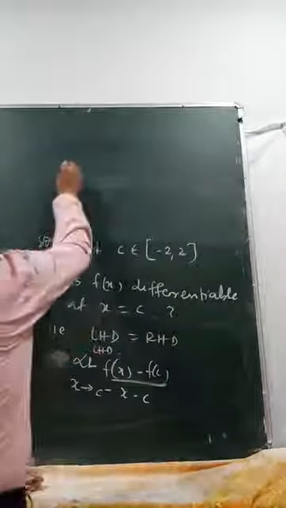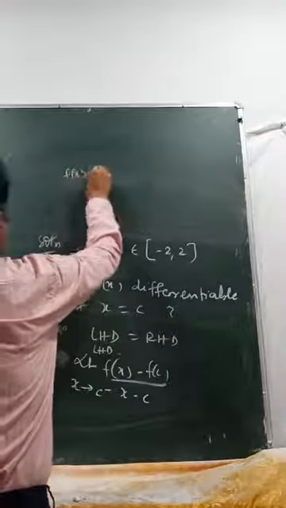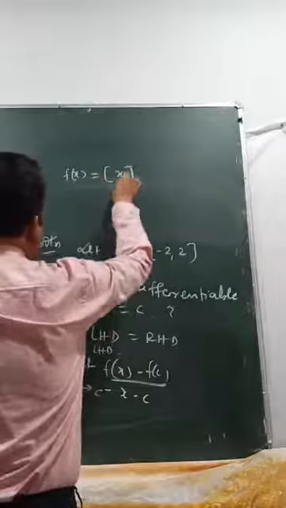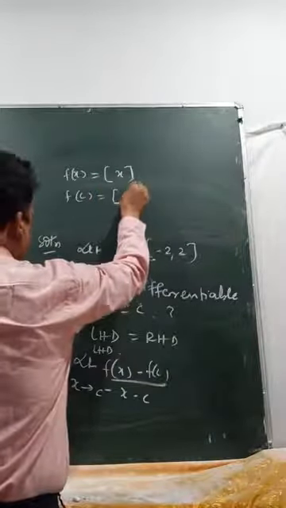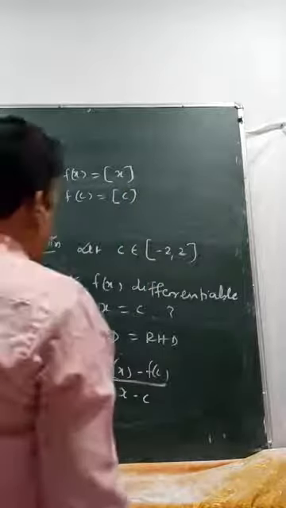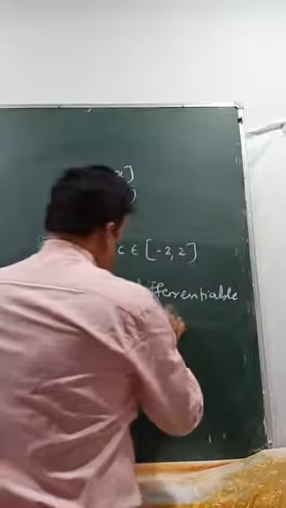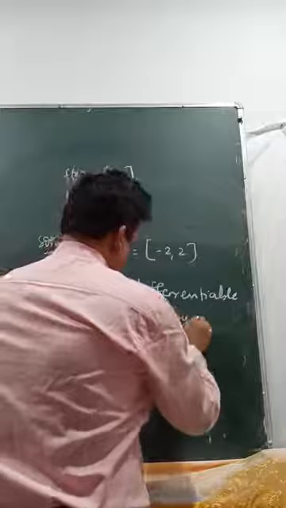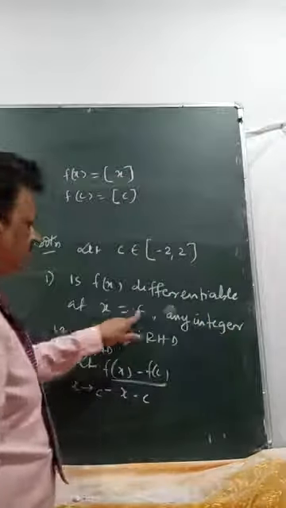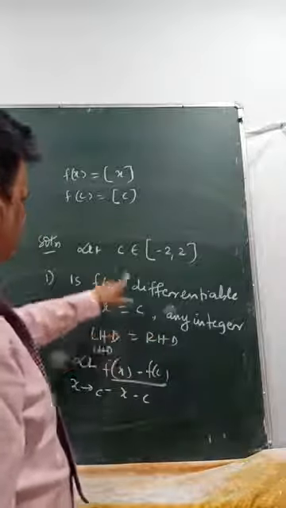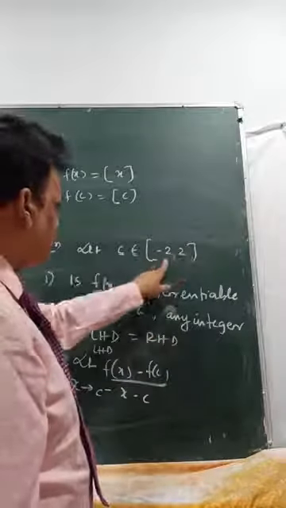What is our f(x)? It is the box of x, the greatest integer function, so f(c) will be box of c. You can write here any integer. You have taken x belonging to (-2, 2).